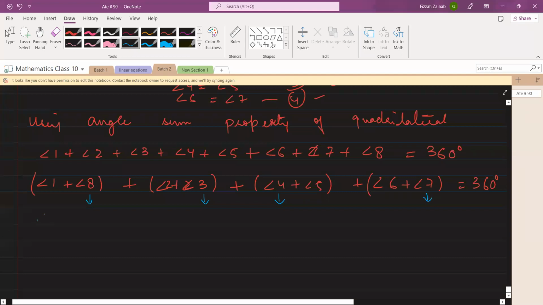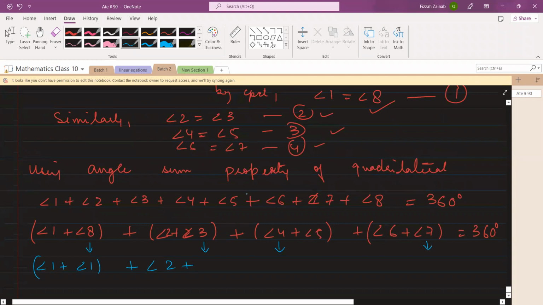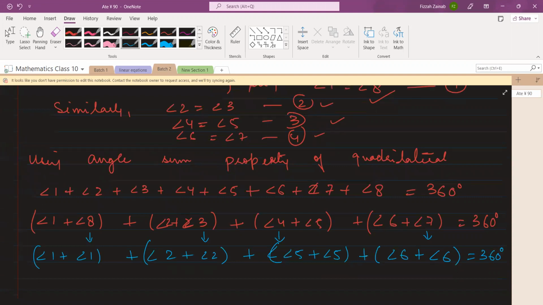So angle 1 plus, now angle 8 is equal to angle 1. Angle 2 plus angle 3 becomes 2. Similarly, you replace 4 by 5. And here angle 6 plus angle 6 is equal to 360 degrees.